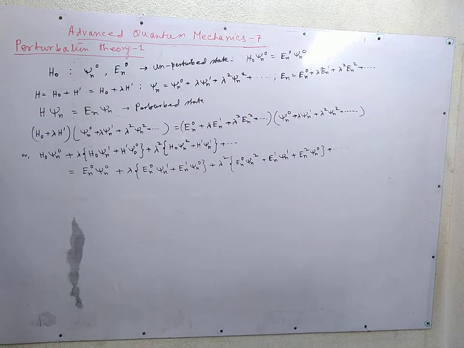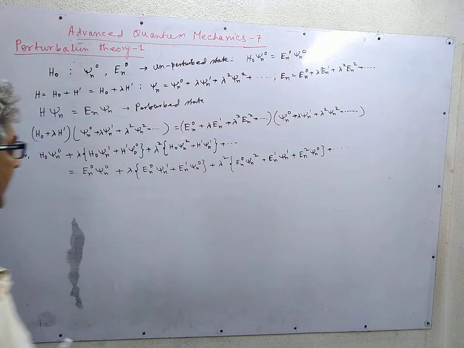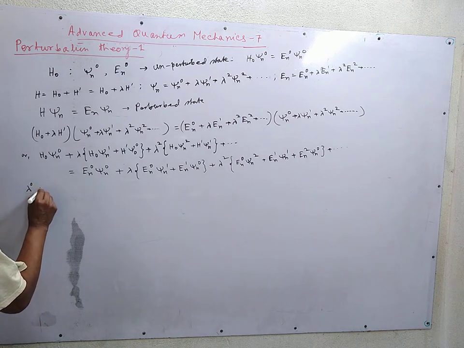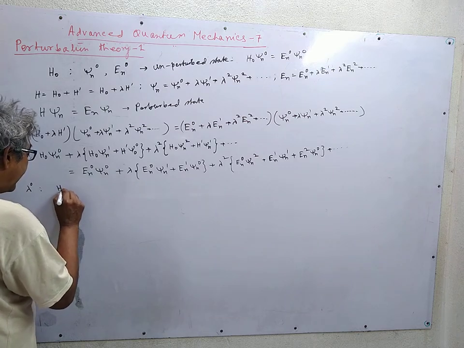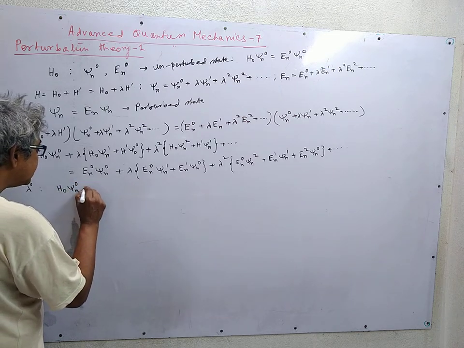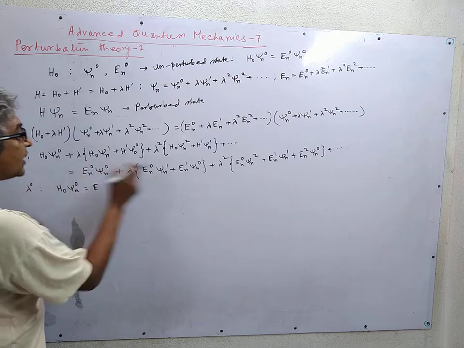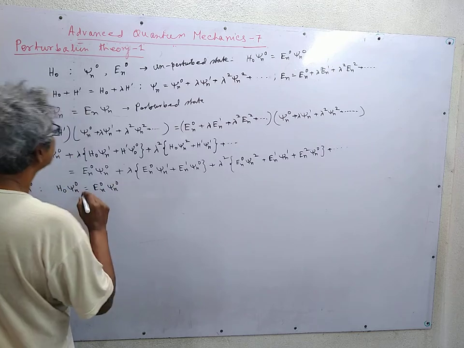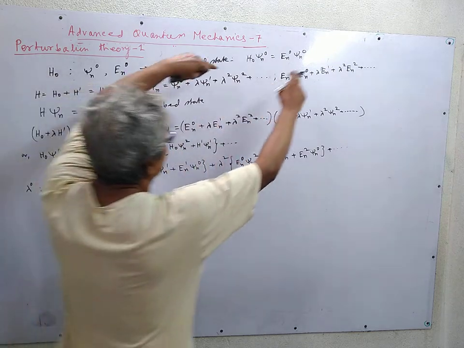This relation is an identity in lambda, that is, it is valid for all values of lambda. Since this is an identity, the coefficient of every power of lambda on the left hand side will be equal to that on the right hand side. So the coefficient of lambda to the power 0 gives us H0 psi n0 is equal to En0 psi n0, which was our starting relation.